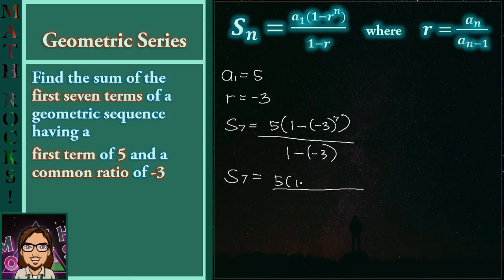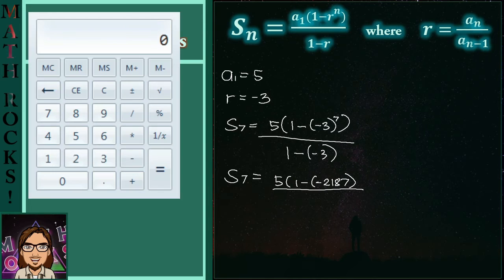So we have our exponential expression here, -3 raised to 7, which is equal to -2,187. Anyway, let us check using a calculator.